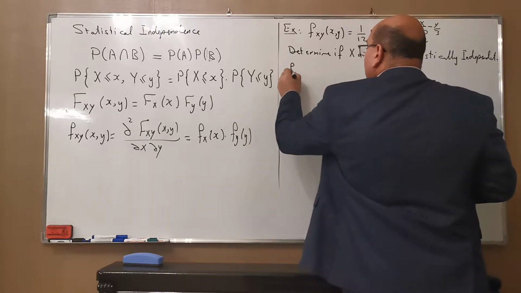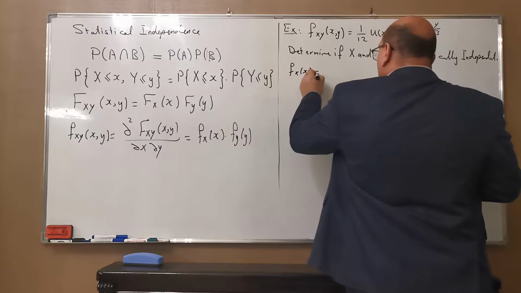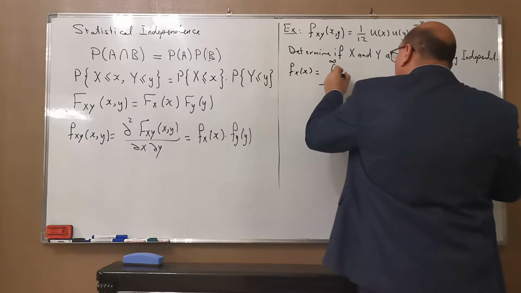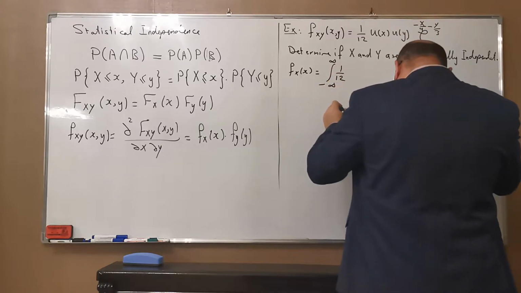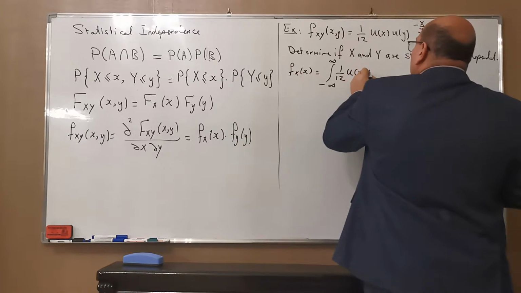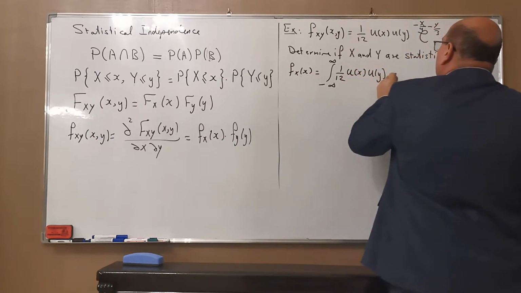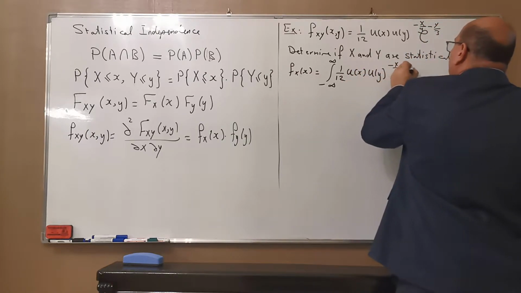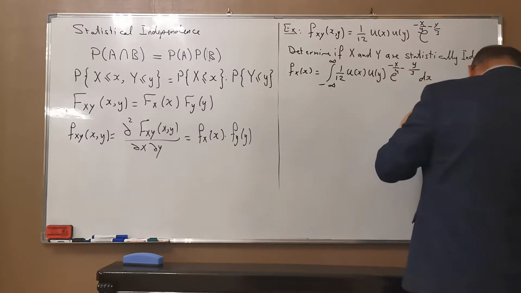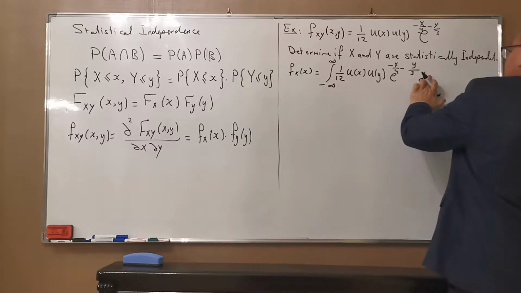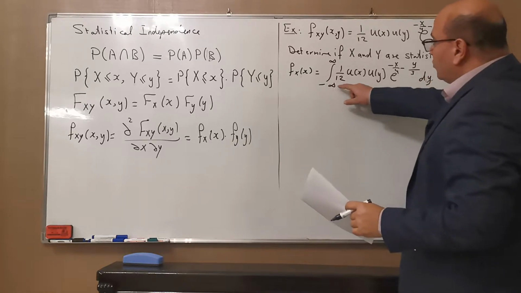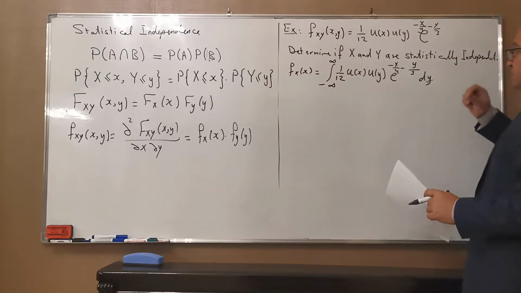So fx of x is equal to the integration from minus infinity to infinity of 1 over 12 u of x u of y e to the minus x over 4 minus y over 3 dy. So you integrate over y, and you end up with a function of x.